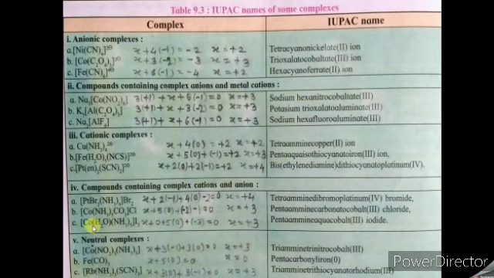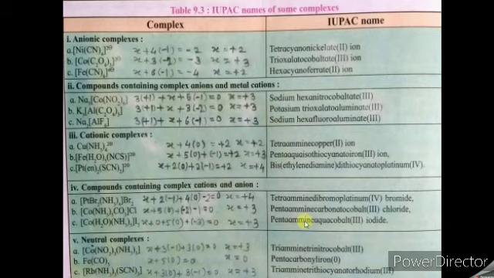Then [Co(H2O)(NH3)5]I3. So oxidation state of Co is X plus oxidation state of H2O, there is no charge, so 0. Then NH3 is also neutral, so 5 into 0 plus outside 3 iodine, each carrying minus 1 charge, so minus 3, and overall charge of compound is neutral, so equal to 0.